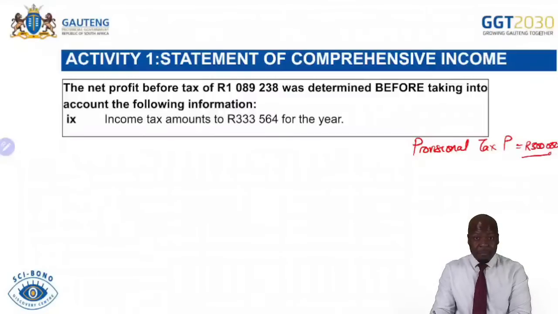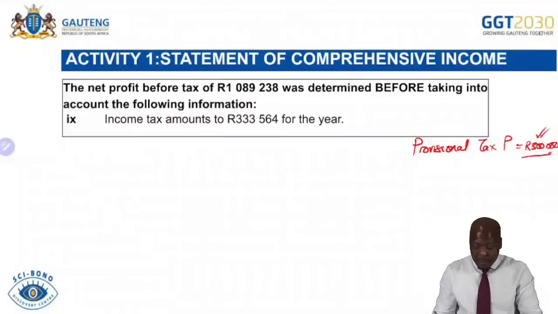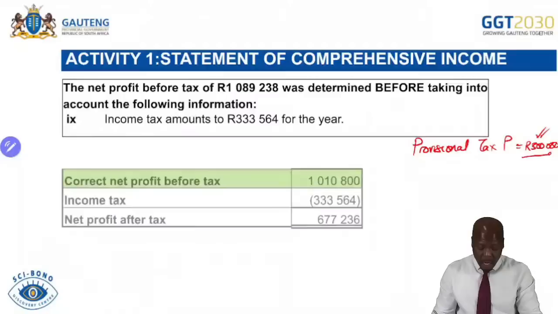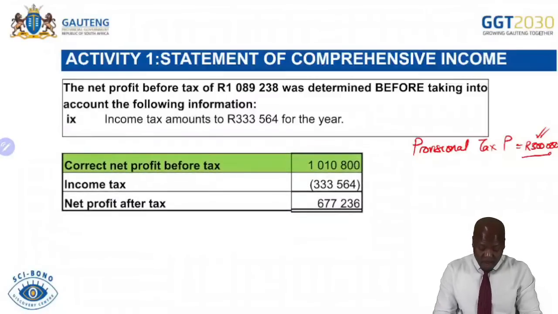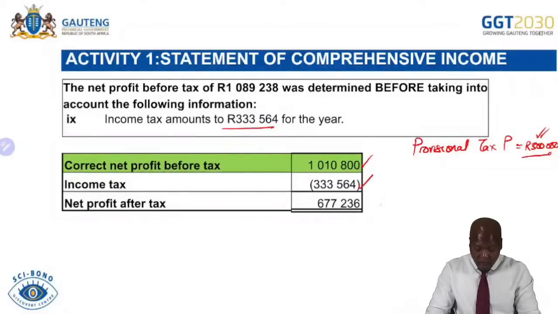So it was 300,000, the provisional tax payments. And then we need to record it in our calculation of correct net profit. So we have the correct net profit before tax, and then we subtract the income tax. Then we have our net profit after tax.